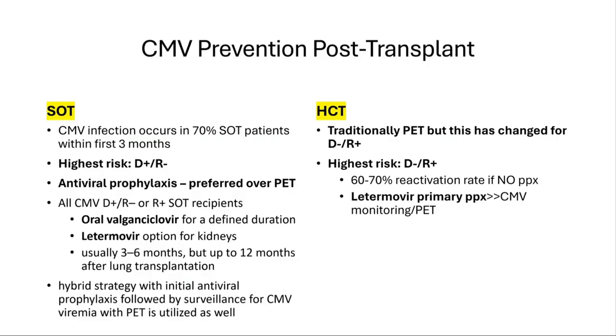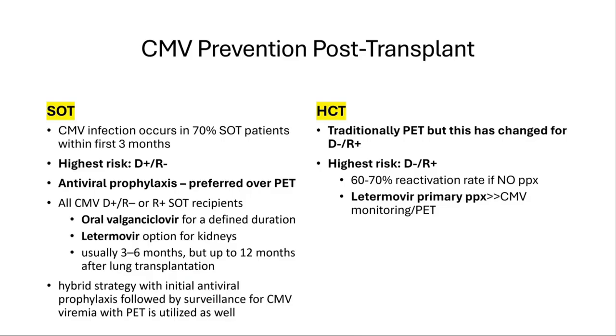In patients that underwent hematopoietic stem cell transplant, traditionally we used preemptive therapy, and this is mostly because we were not able to use valganciclovir for prophylaxis because of profound neutropenia, right? However, again, recently letermovir was approved for prophylaxis, so this completely changed this particular field.